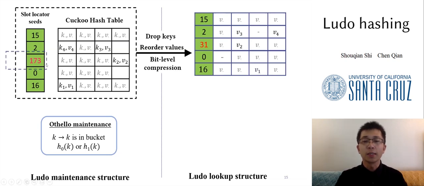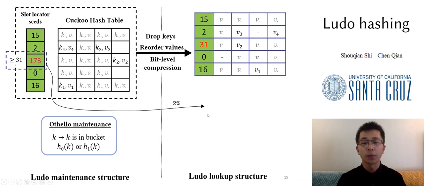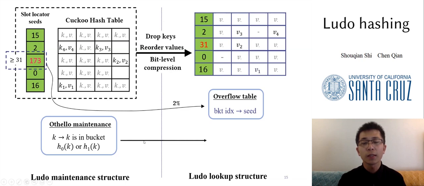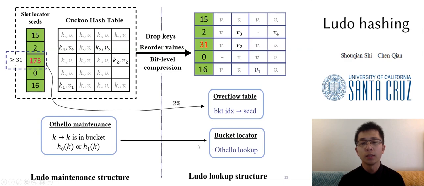The overflow seeds, which are no less than 31, are put into an overflow table. This table is small and holds 2% of the buckets in our experiments. Finally, the bucket locator, or the Othello lookup structure, is constructed from the Othello maintenance structure. We skip this here, and please refer to our paper for details.